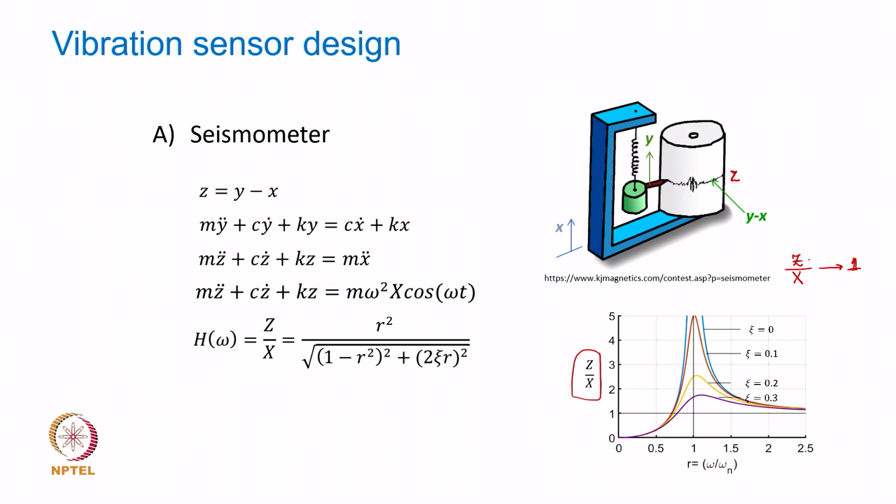When z, which is what is being traced out on the paper, is identical to capital X, it means that the sensor is faithfully recording what is being experienced at the base, which is the idealistic condition. That is what the sensor should do: if it is subjected to base excitation amplitude X, the z which is being traced out on the paper should be exactly X. True? And from the graph, can you tell me, irrespective of the damping in the sensor, what position on the graph would give me that one value of z by x?